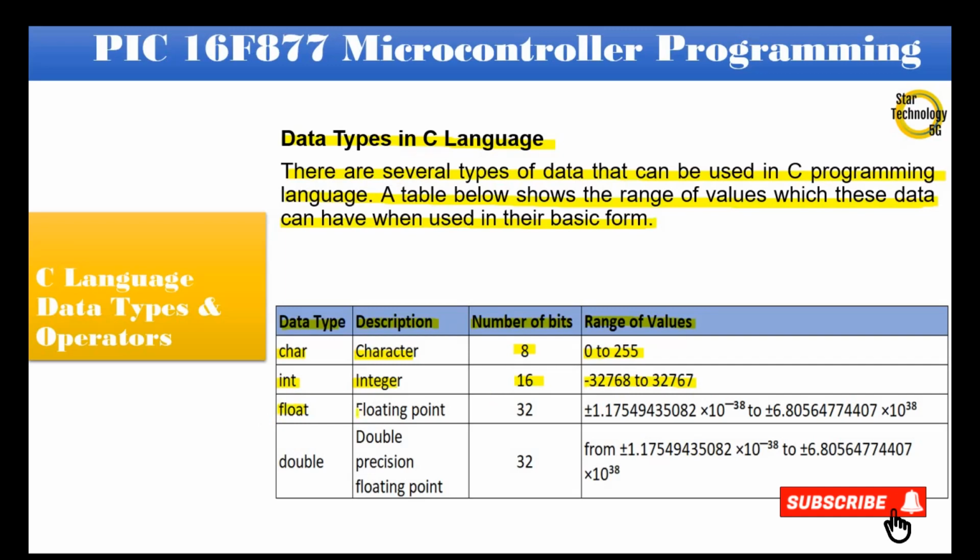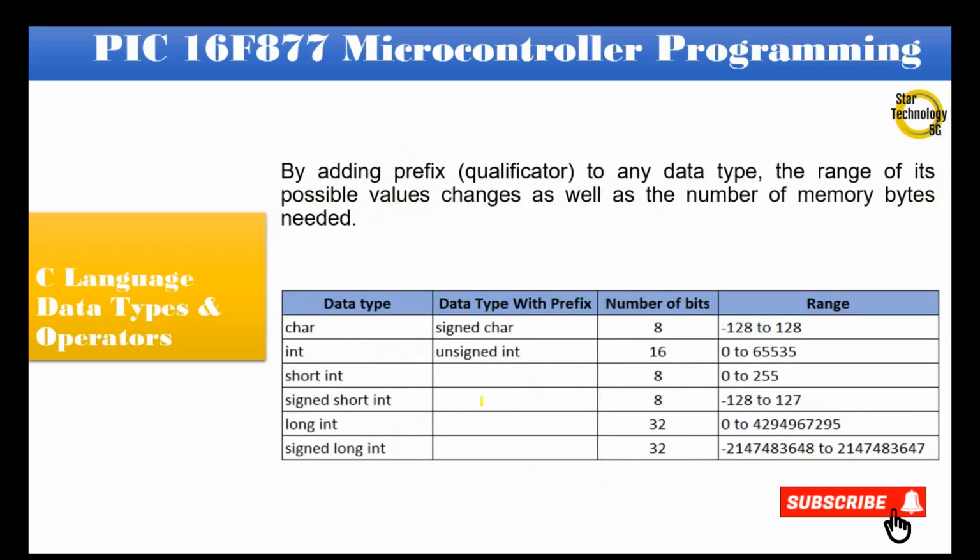Data type: float, floating point, number of bits 32, range of values: it will start from this to this. Data type: double, double precision floating point, number of bits 32, range of values: it will start from this to this.